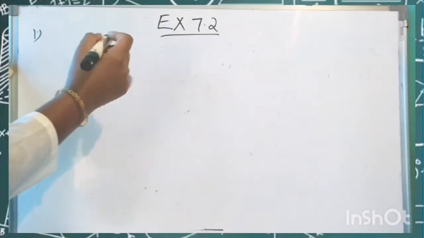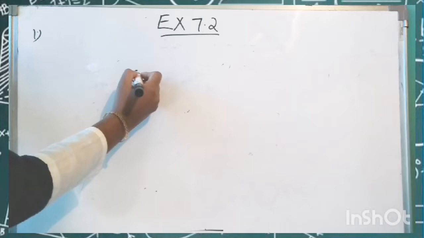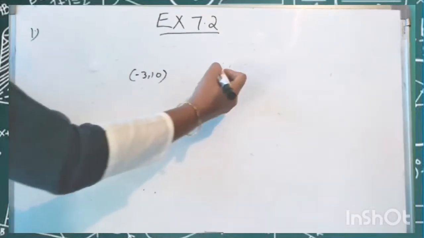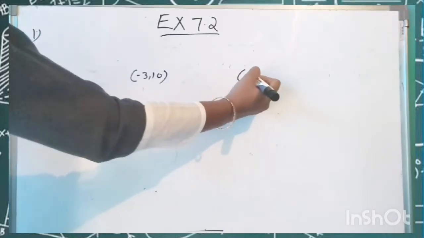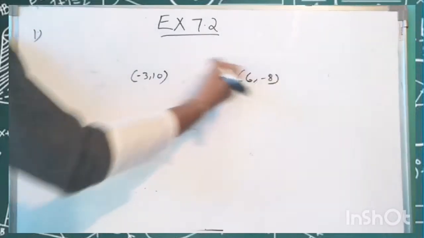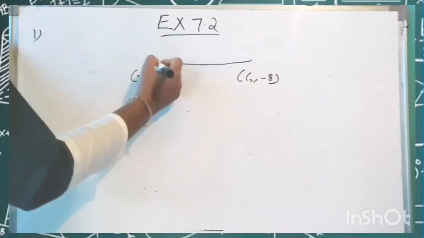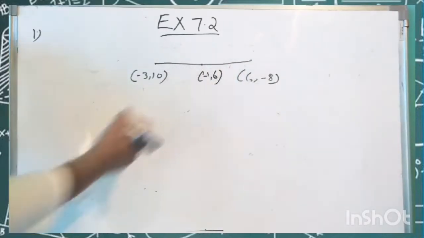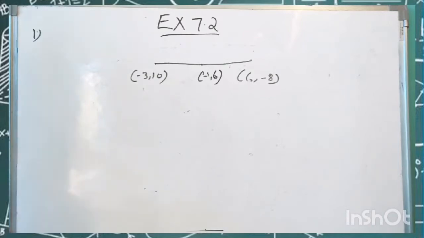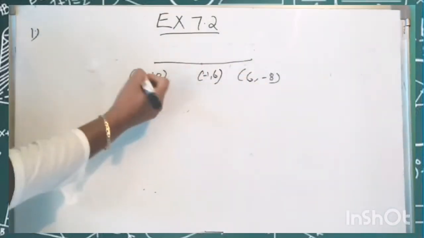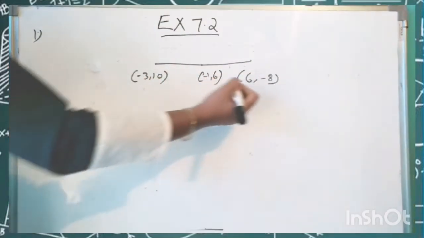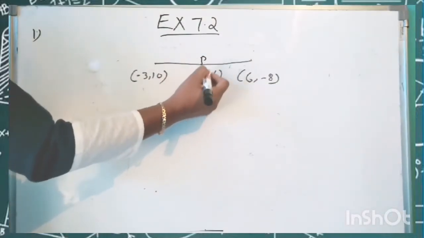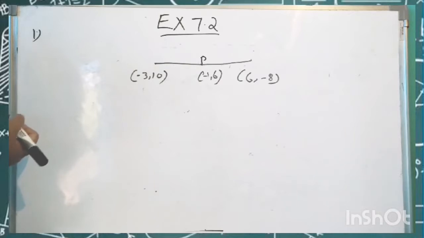Okay. Here the point minus 3 comma 10 is our initial point, and 6 comma minus 8 is our terminal point, and the point minus 1 comma 6 divides our line joining the points minus 3 comma 10 and ordered pair 6 comma minus 8. So instead of P, here we have minus 1 comma 6.